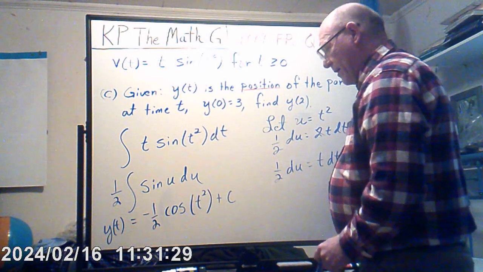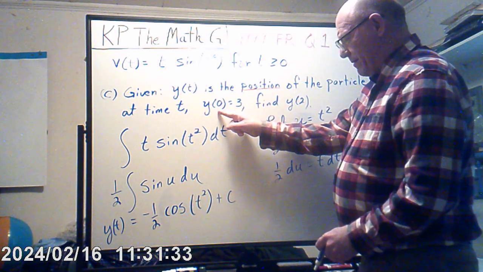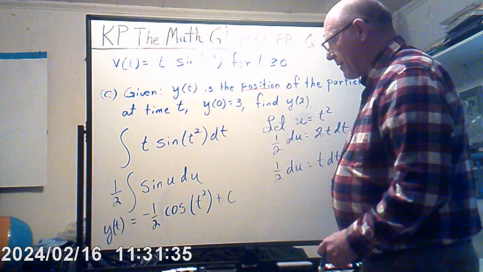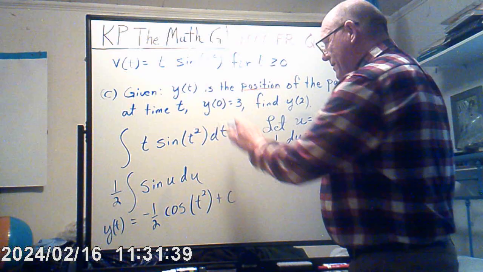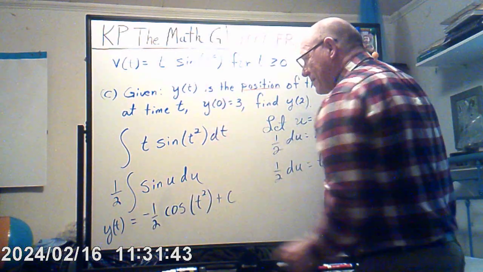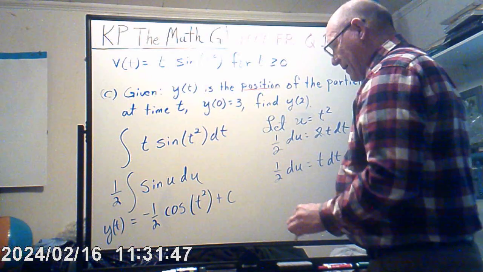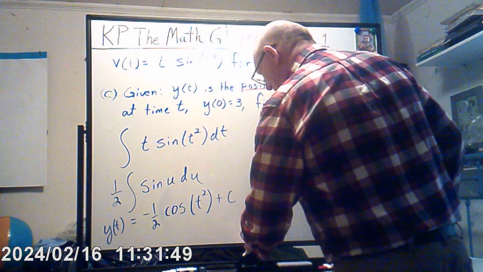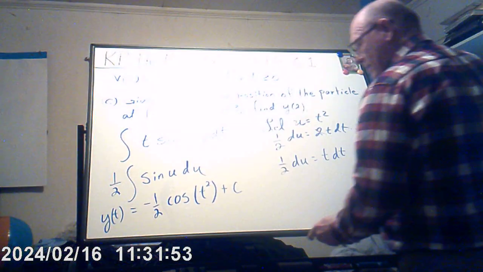But now I know what y at 0 is. Y at 0 is 3. That is, t is 0 and y at t is 3. So y at t equals negative 1/2 cosine t squared plus c.